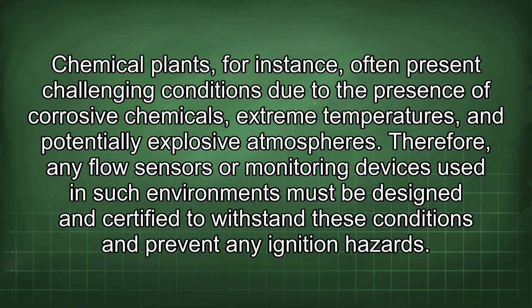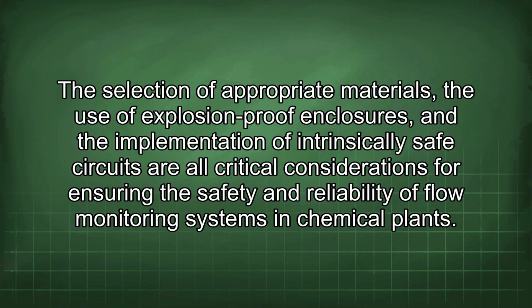Therefore, any flow sensors or monitoring devices used in such environments must be designed and certified to withstand these conditions and prevent any ignition hazards. The selection of appropriate materials, the use of explosion-proof enclosures, and the implementation of intrinsically safe circuits are all critical considerations for ensuring the safety and reliability of flow monitoring systems in chemical plants.